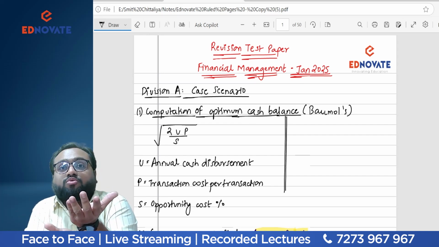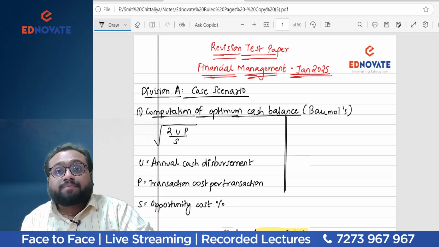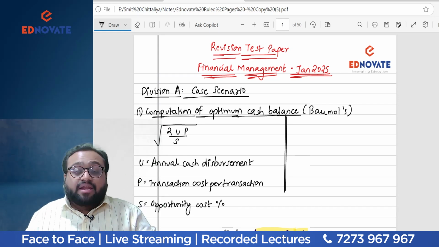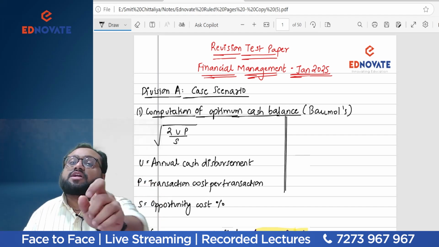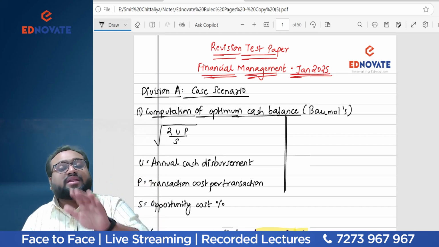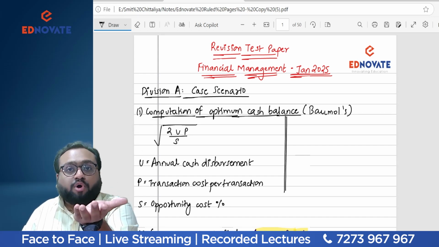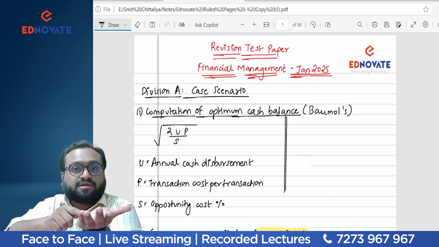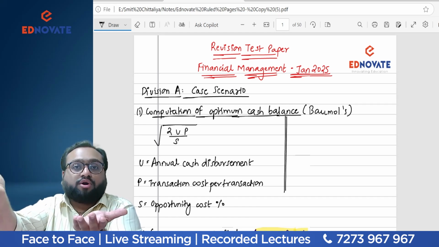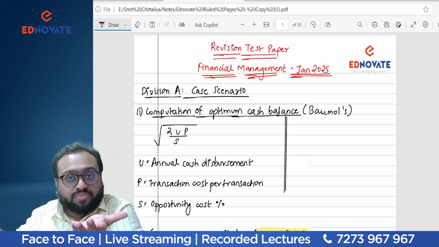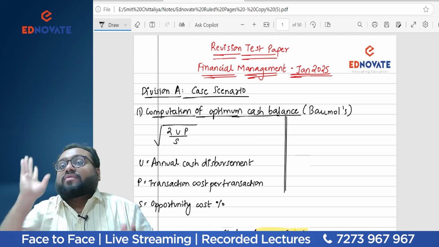If you keep a very low amount, then what you have invested is required to be withdrawn before maturity, and if you do that before maturity, or if you redeem it at maturity, there's a transaction cost attached to it. So what does William Baumol say? You have to keep a certain amount of cash in your cash box for the smooth maintaining of the business. If you have excess cash, kindly invest in the market as marketable securities, which can be encashed very easily. Or if you keep the amount below this, then it will affect your working capital.